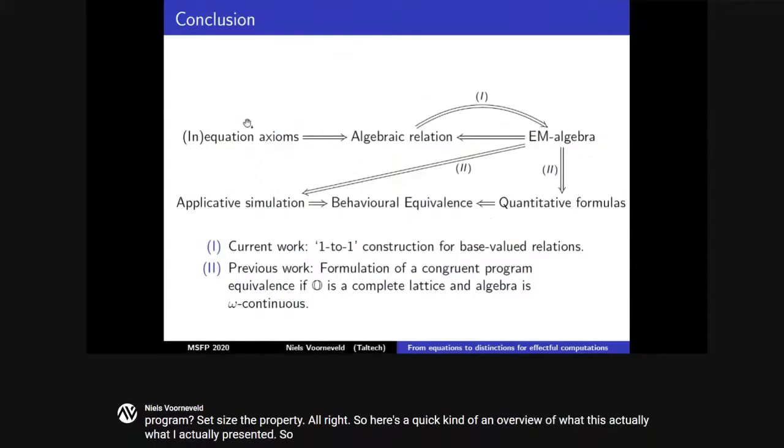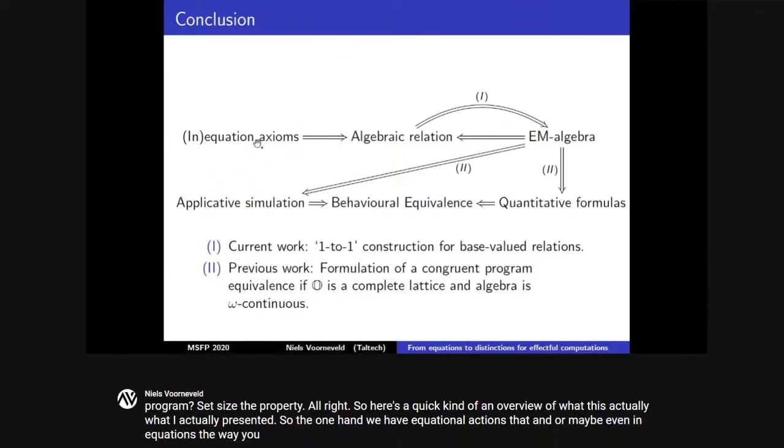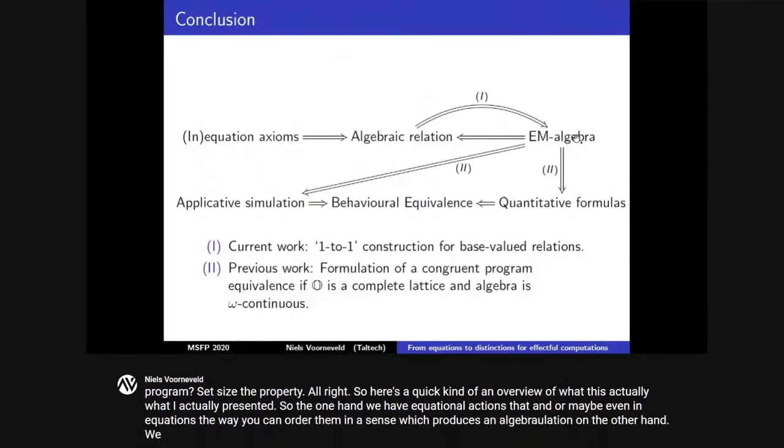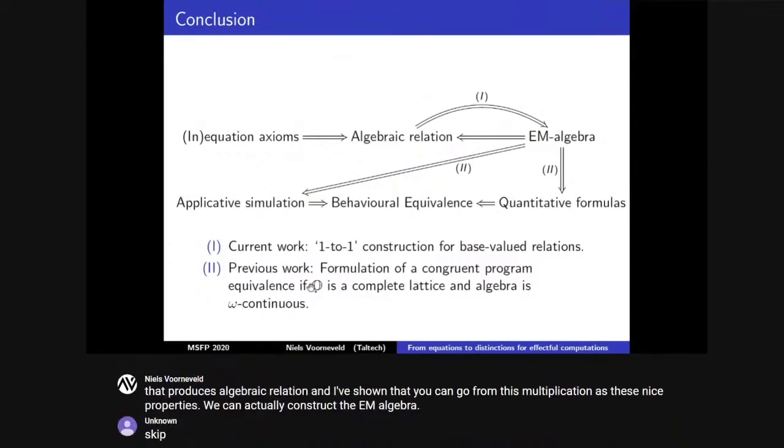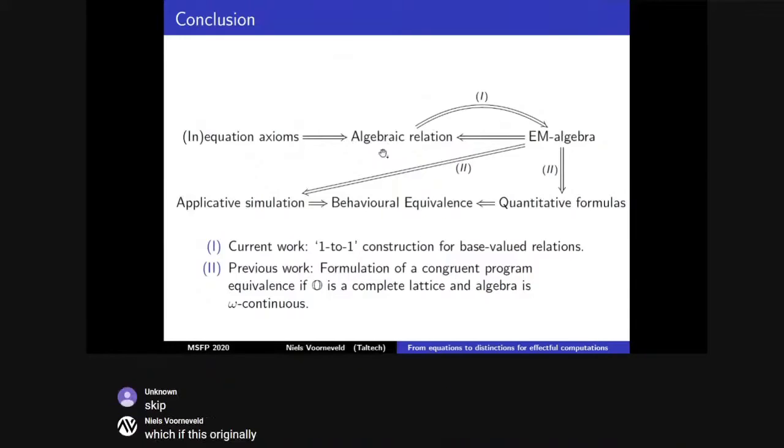All right, so here's a quick overview of what I actually presented. On the one hand, we have equational actions or maybe even inequations, where you order them in a sense, which produces an algebraic relation. On the other hand, we might have an Eilenberg-Moore algebra or monad algebra that produces an algebraic relation. And I've shown that you can go from this algebraic relation that has these nice properties to construct this EM algebra, which if this relation is a base value, gives a one-to-one correspondence.